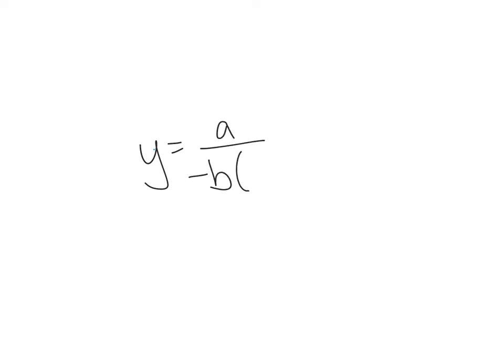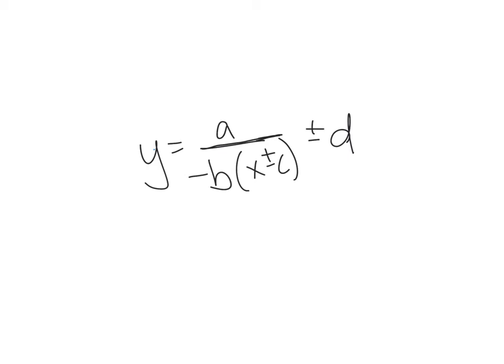If a rational function has this basic format, how is it different from the parent function? Each part that is different is going to provide us a different transformation. So let's refresh your memory on some different transformations that could be going on.